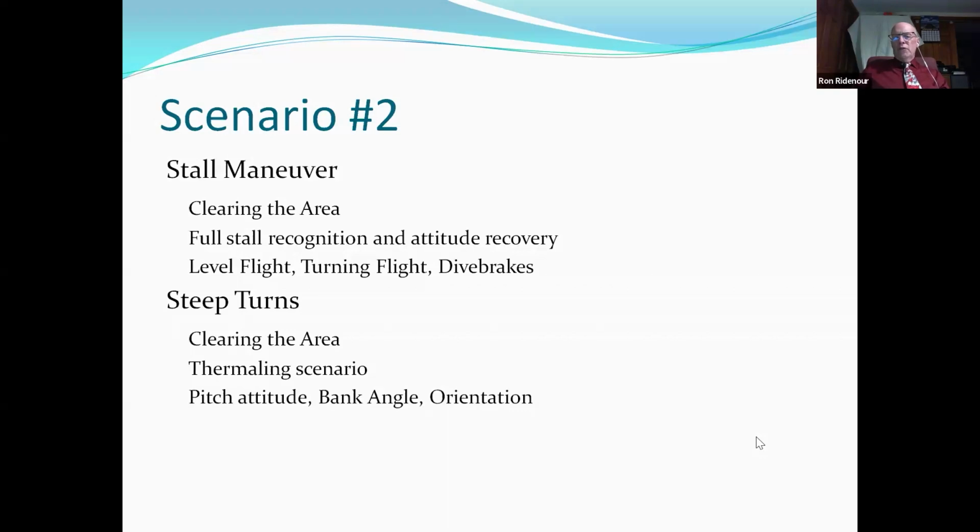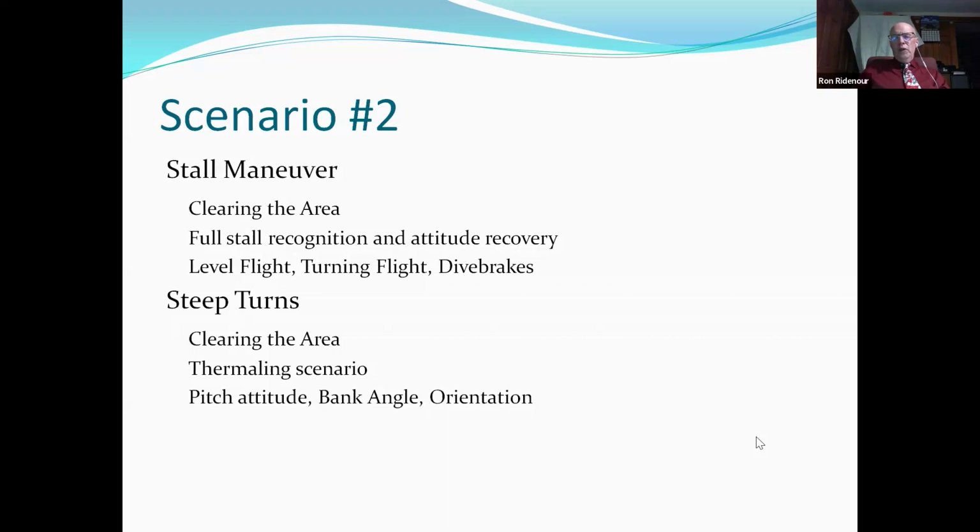And then I emphasize attitude recovery. You want to recover to what you know is the proper attitude. The first thing in recovery is to pitch the nose down so that you reduce the angle of attack and get the wing flying again. And then pitch the nose back up again to an attitude that will result in a normal flight attitude.